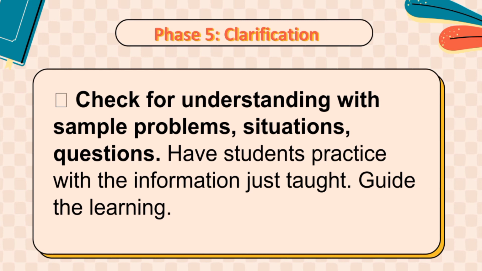You can also allow your students to work on something, and if there are instances that they are not able to understand something in that problem, you can go check up on them and, of course, explain to them what they need to do in order to successfully answer that question. Okay, so that is your phase 5.